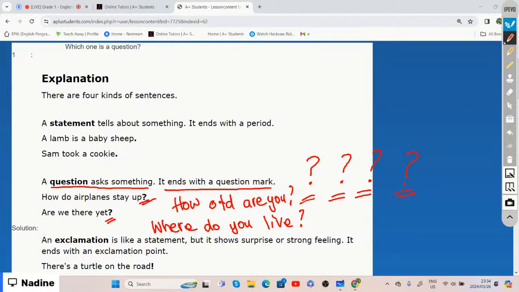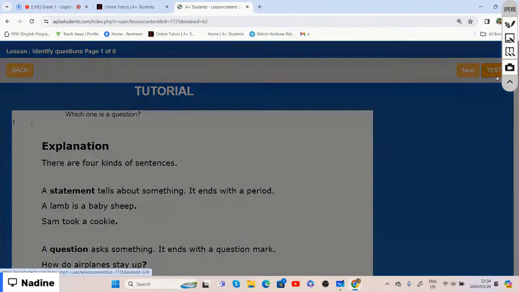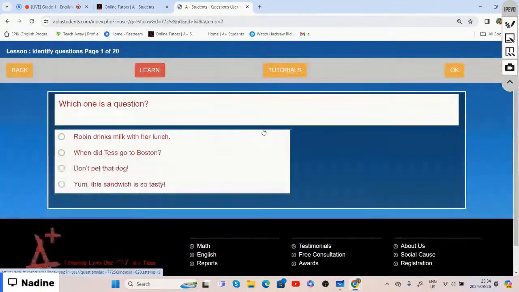So now we're going to a question sentence, which asks something and ends with a question mark. Now let's go to our test. We're now going to say which one is a question, keeping in mind a question ends with a question mark.